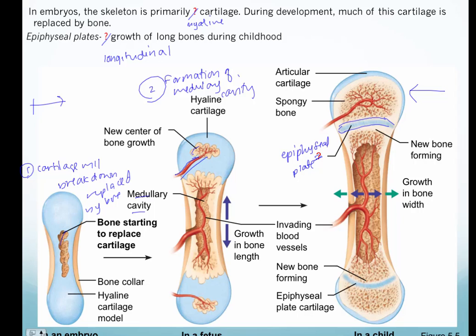And so we have form 2. Now here, eventually we have complete ossification of our medullary cavity, and we still can allow for more longitudinal growth because we have the epiphyseal plate.